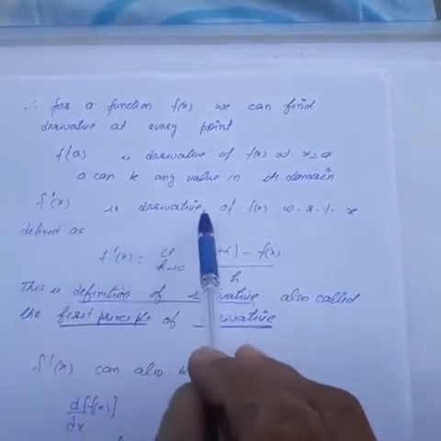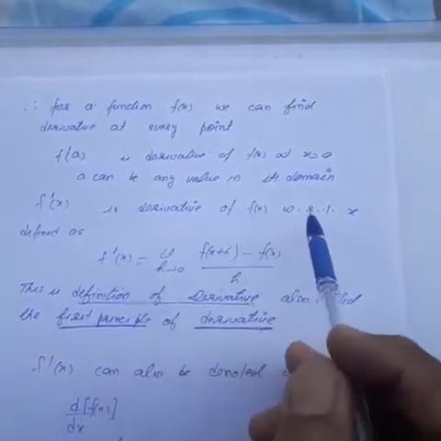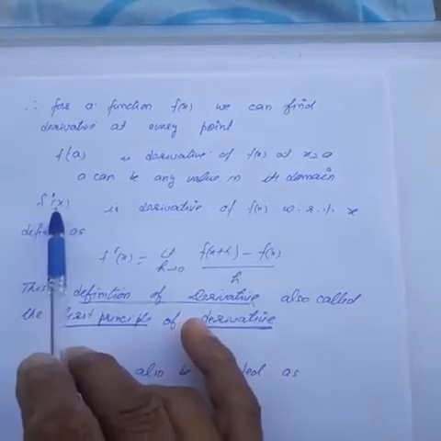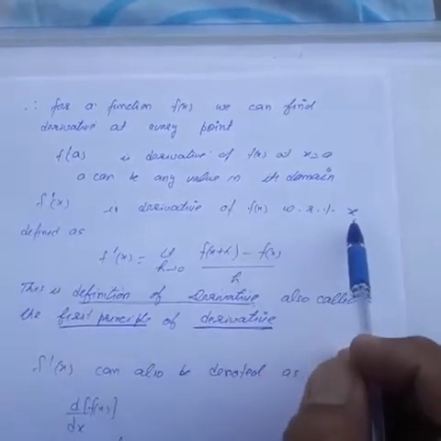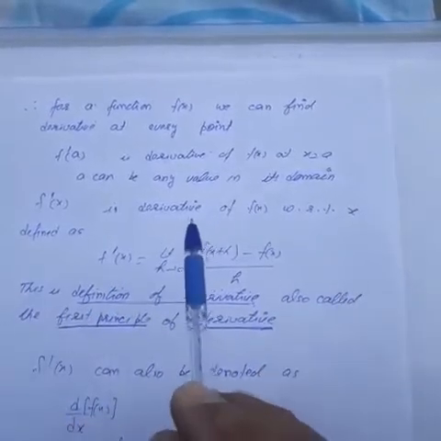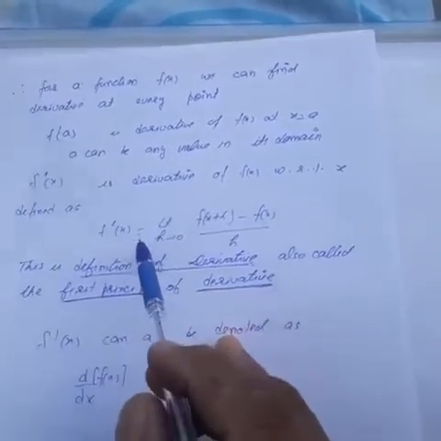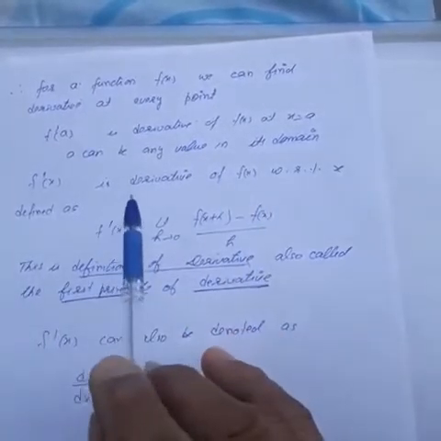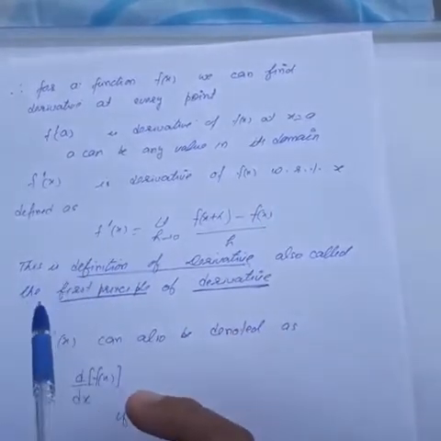This is the derivative of f(x) for all values of x. So this is called the derivative of f(x) with respect to x. It means x can be any value in its domain, and f'(x) will be defined as, this is the general derivative, that was the particular derivative, the derivative of f(x) at a particular point.